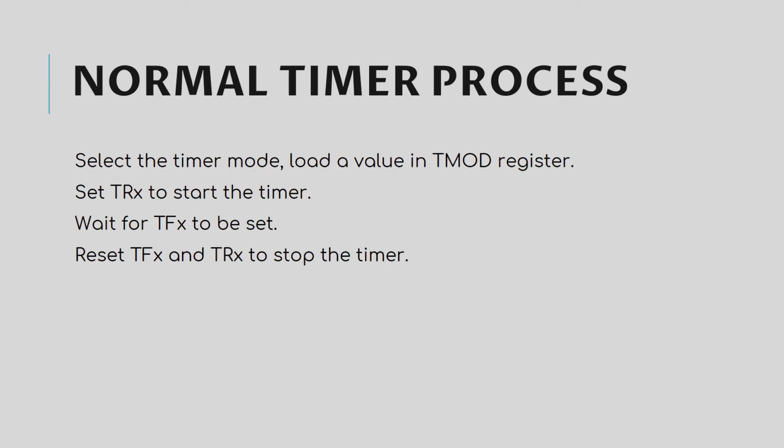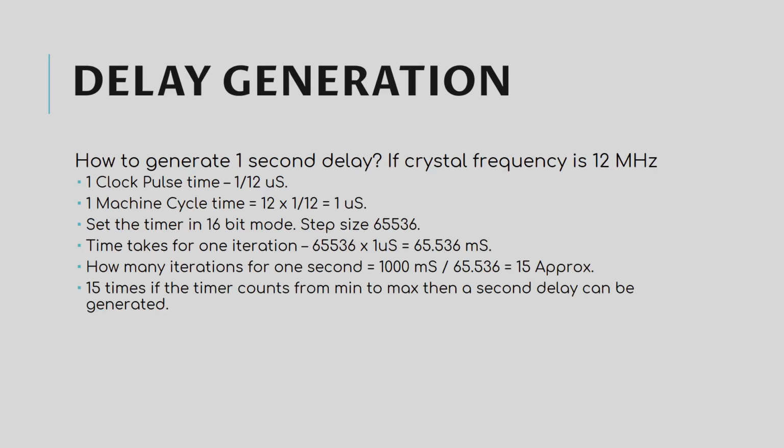Then we have to wait for TF. If we have selected TR0, then we have to wait for TF0 to be set. When TF0 is set, that means the timer has finished counting. Then we can reset TF0 and TR0 and stop the timer. This is the normal timer process. So this thing is very important.